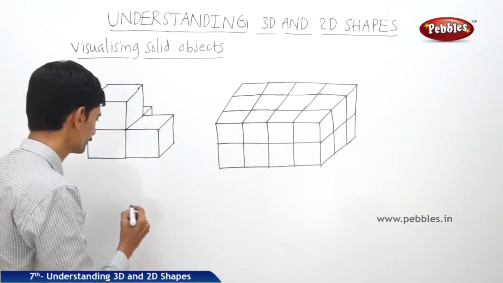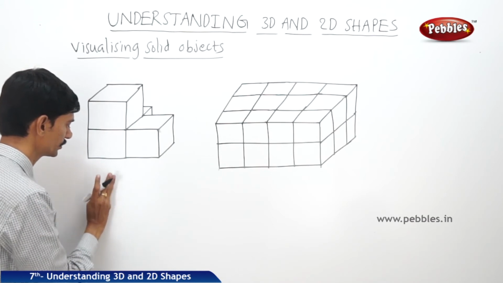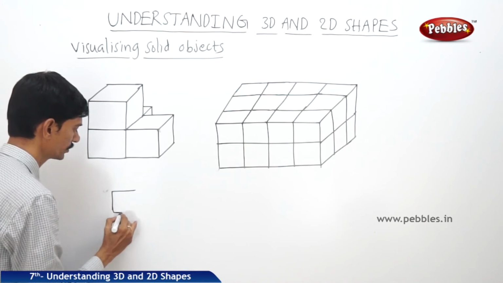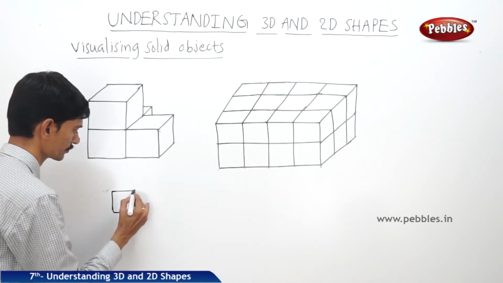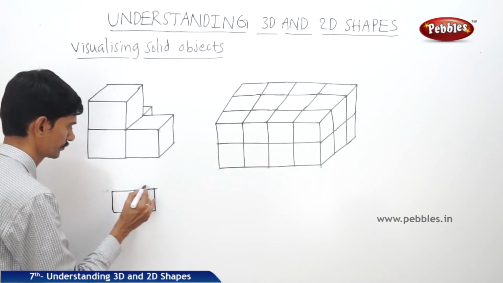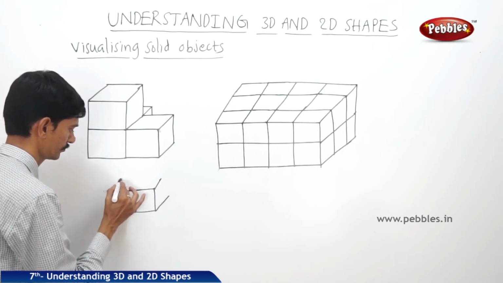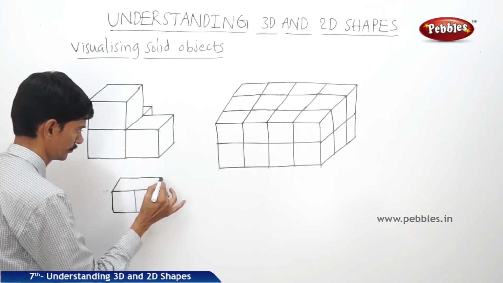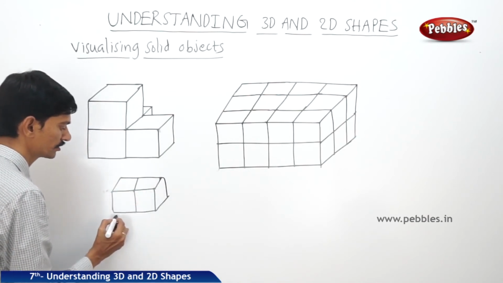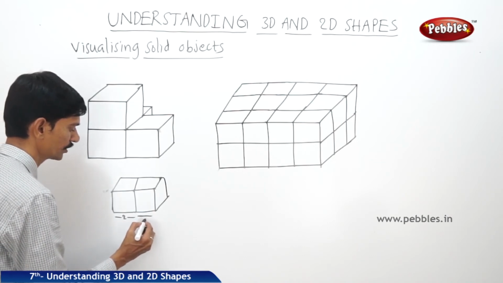For example, if you place 2 cubes of same dimensions adjacent to each other, then you will get a cuboid. Now the side of this cube is 2 centimeters, the side of the second cube also 2 centimeters.